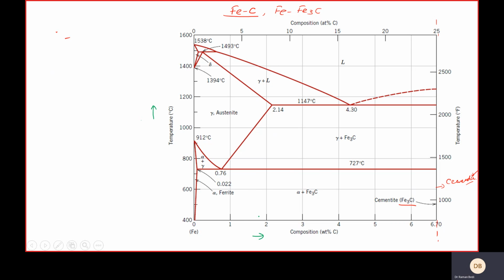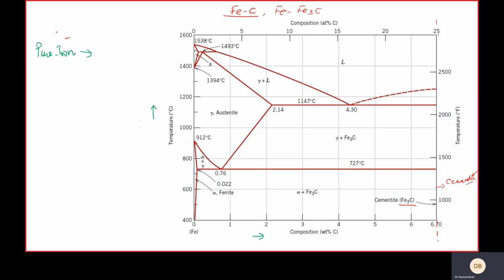So before starting discussion about the Fe-Fe3C system, the iron carbon system as such, we understand that pure iron undergoes phase transformations, where we have already said that with change in temperature, the crystal structure of pure iron keeps on changing.